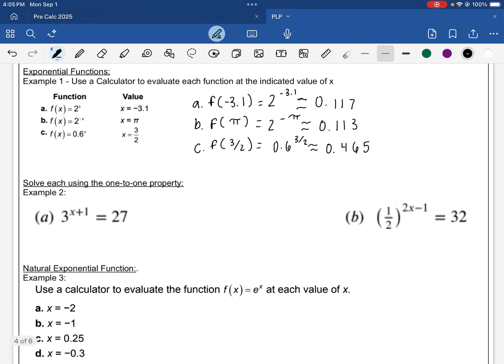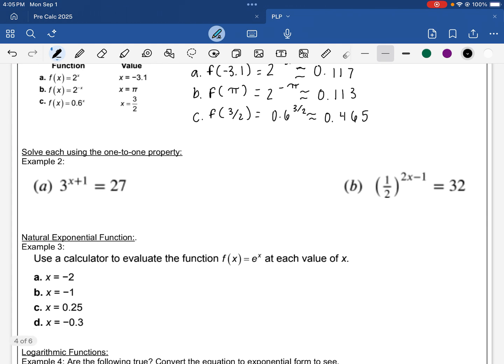Next, we're going to look at solving using the one-to-one property. For that property, we needed the same base. Right now, we've got 3 to the x plus 1 power equals 27. Those don't have the same base yet. We can force them to have the same base because 27 is 3 to the 3rd power.